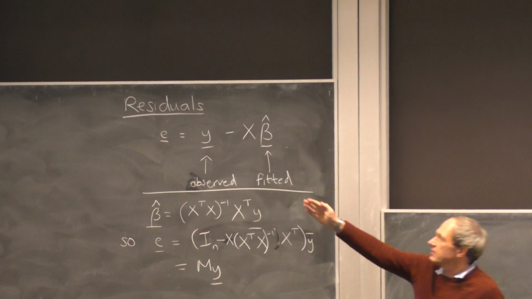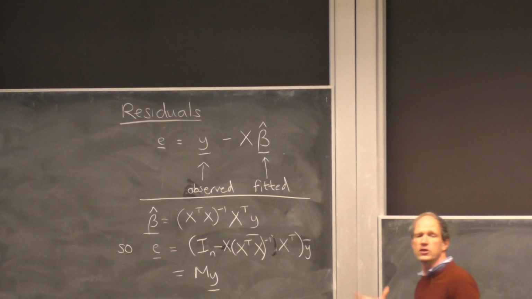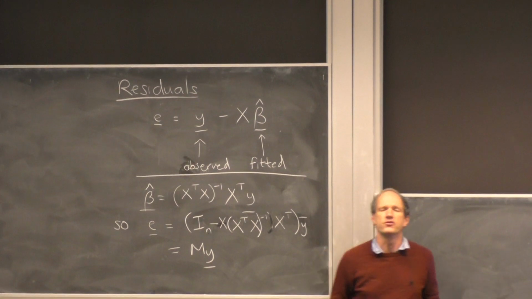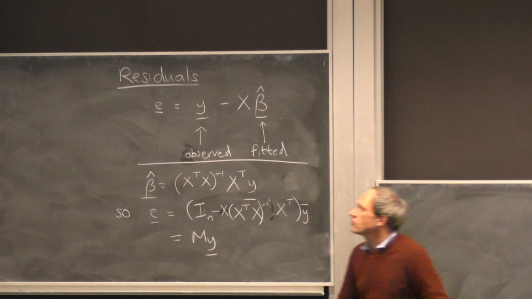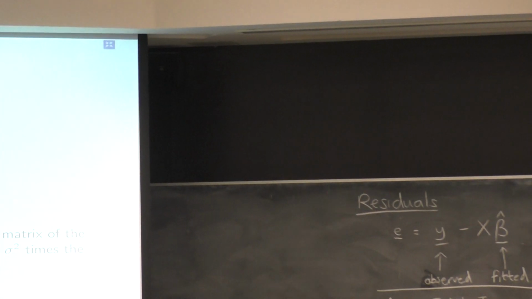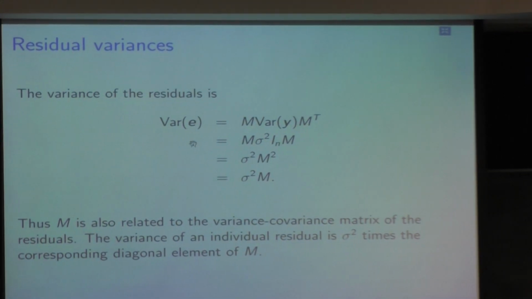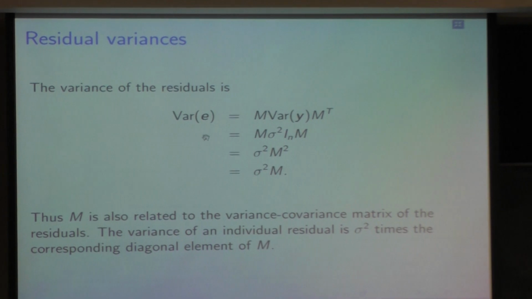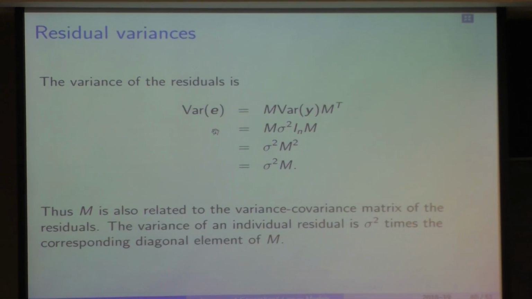And then we went through that to say that in fact it's sigma squared M, and here we use the fact that M is idempotent, M squared is equal to M. So if we're interested in the variance matrix of the residuals, that is M times sigma squared, and that's what I'm now going to be talking about.